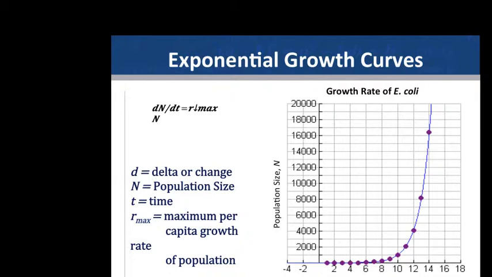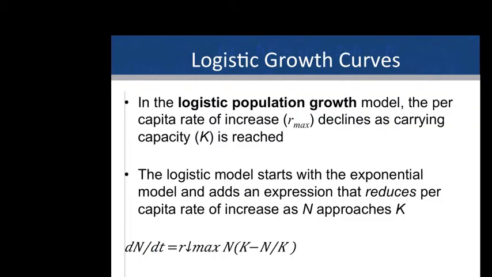And so it's important to understand, again, the variables here. While the formula is given on the AP exam, the variable explanation is not, and you need to be sure that you're familiar with those and comfortable with dealing with them. In the logistic population growth model, the per capita rate of increase, or r max, declines as carrying capacity is reached.